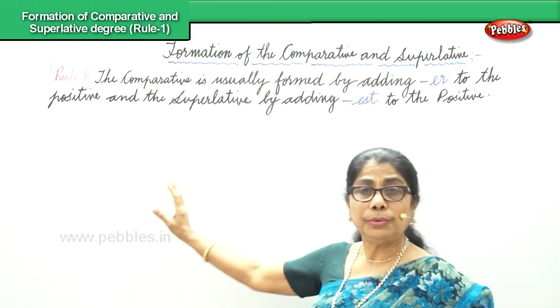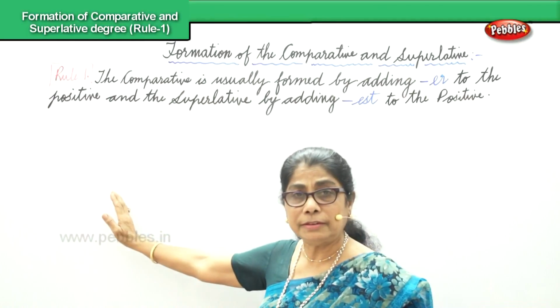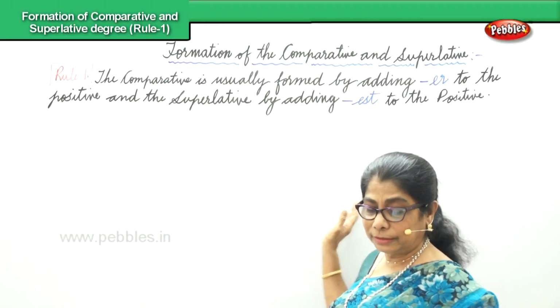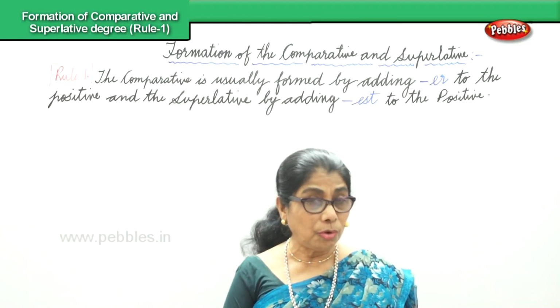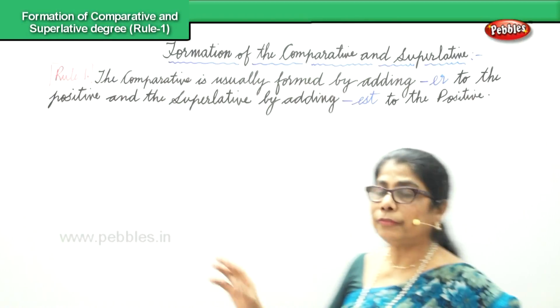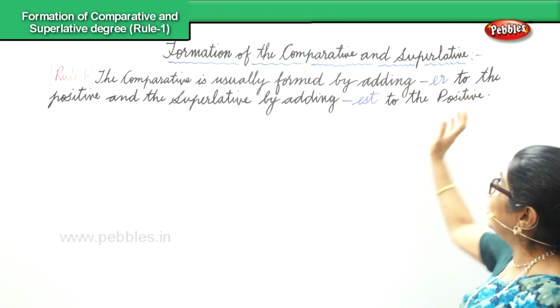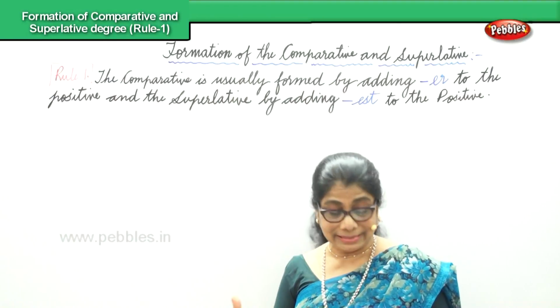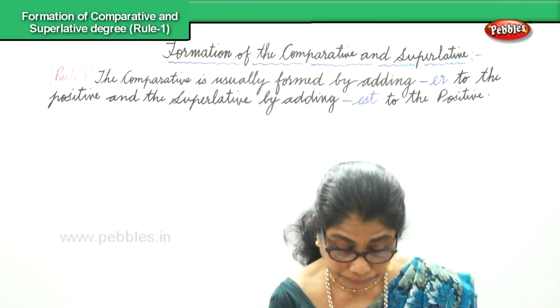Okay, the first rule. So, what are we going to do now? We're going to observe the positive, the comparative, and the superlative. So all these adjectives, how is it formed? For the comparative, we will add er, and to the superlative, we will add est. So now let's look at it.